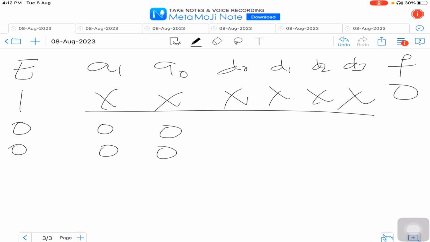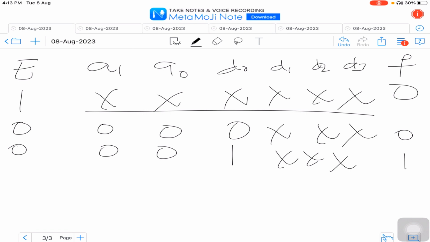So, A0 is 0, A1 is 0. Here, regardless of the others, D0 will be 0 and 1, and all the others will be X. F is then 0 and 1. Similarly, if E is 0 and A1 is 0, A0 is 1, you can see the pattern here.